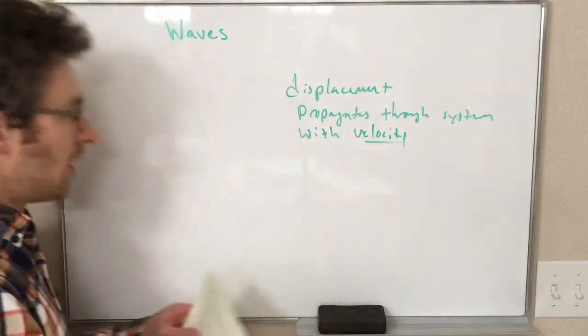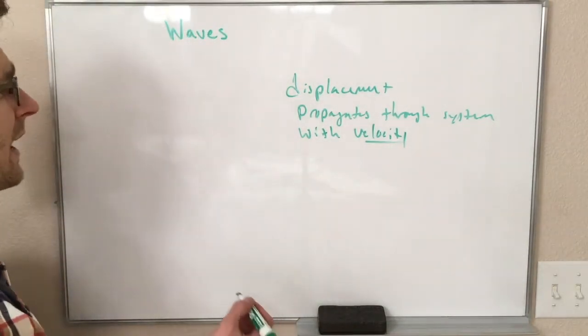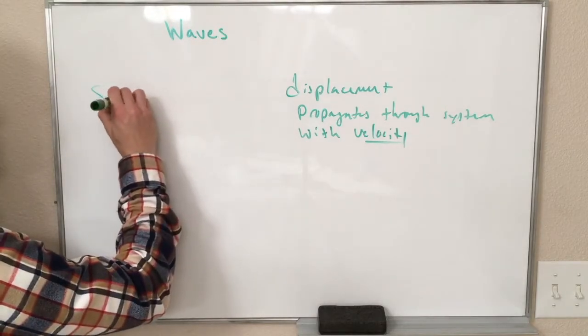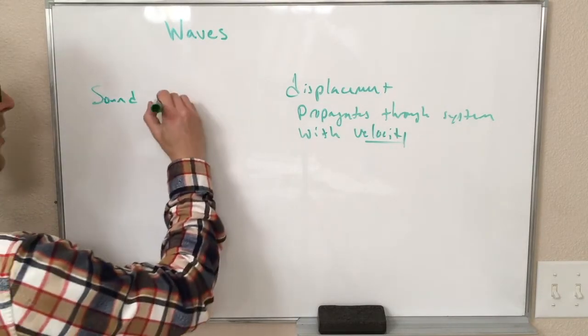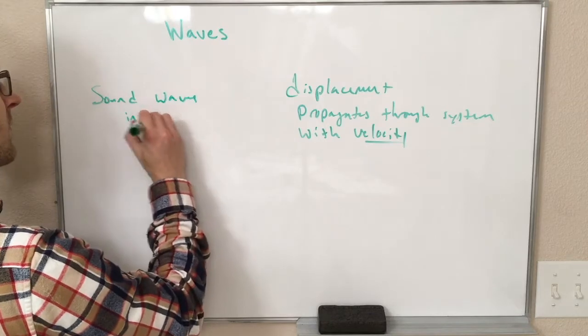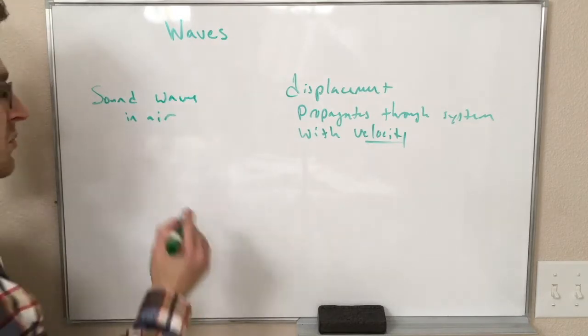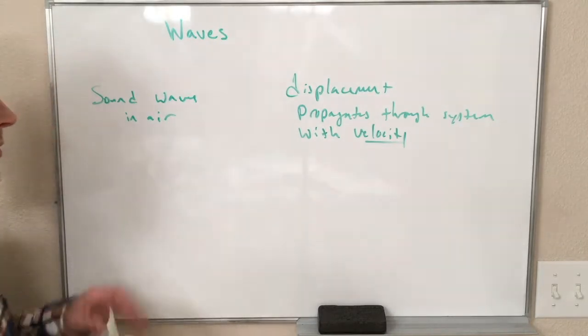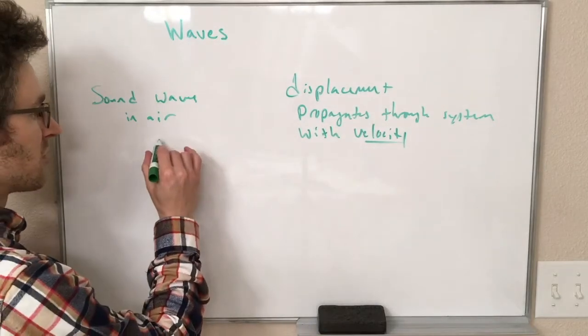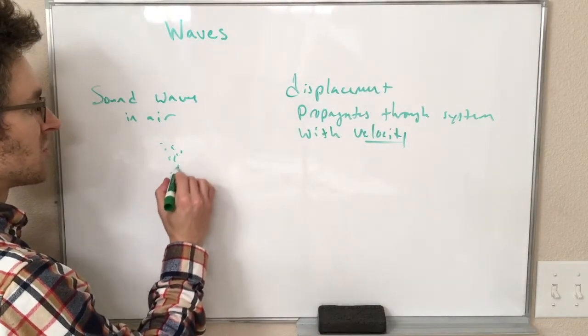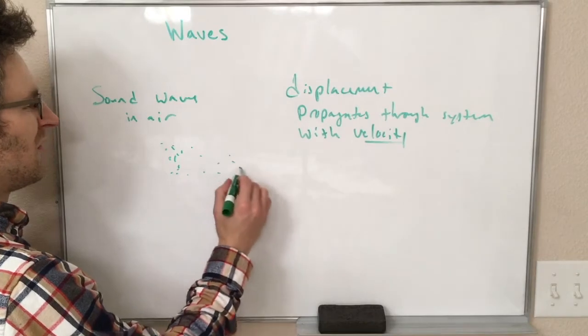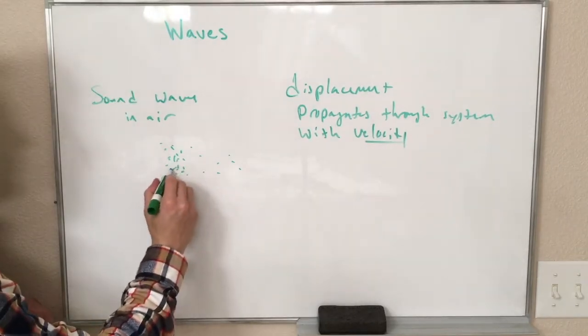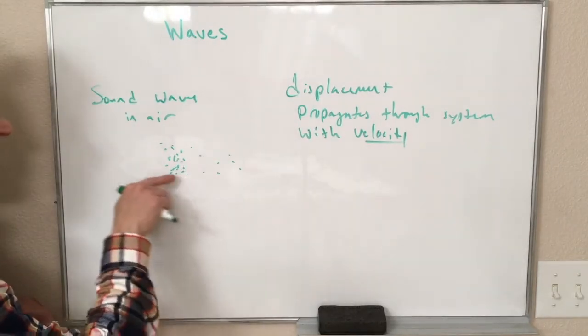So for example, we can have sound waves that travel through air, where our displacement is gas molecules. If they get pushed to the right, they can get bunched up near these. So this is supposed to be gas molecules that are bunched up, and this is gas molecules that are further away.